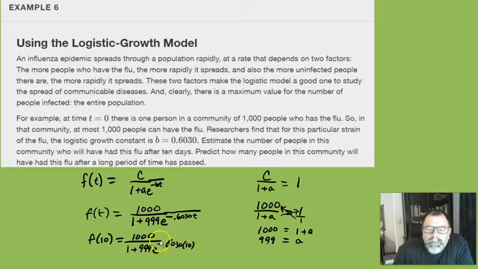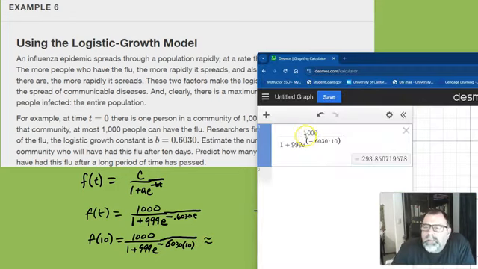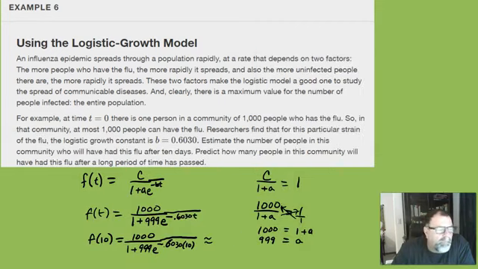Okay, and we're just going to punch this in our calculator. 1,000 divided by 1 plus 999 e to the negative 0.6030 times 10, and we get 293.8. We'll just round it to the nearest person. 294 people have the flu after 10 days.